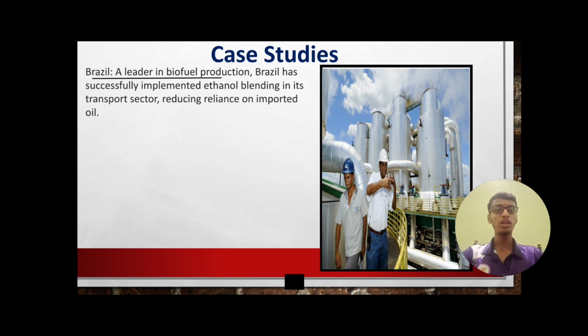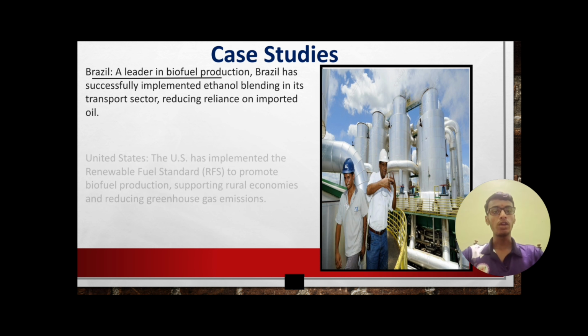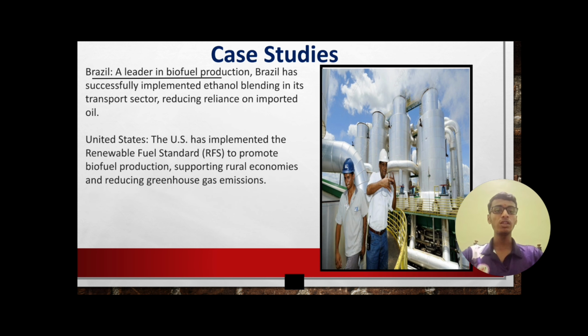We'll see the case studies one by one. The first case study is Brazil, which took the initiative with the successful implementation of ethanol blending in its transportation sector, reducing reliance on imported oils. The next is the United States.